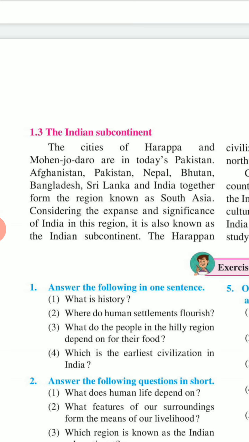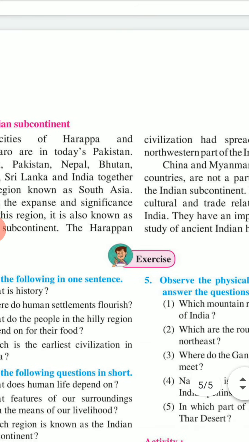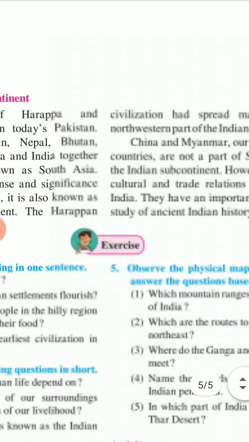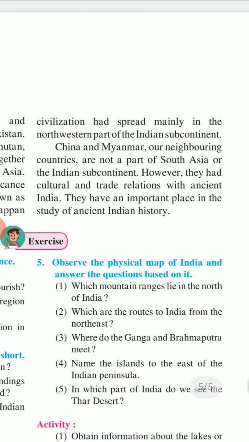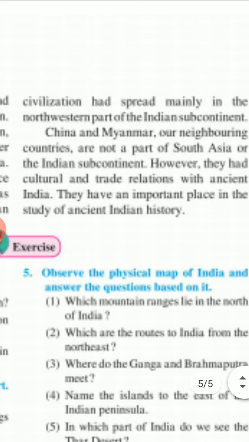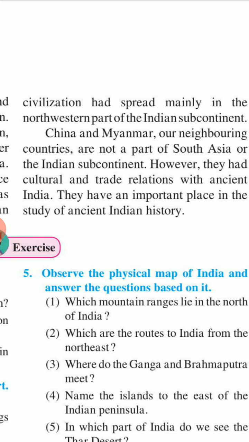Considering the expansion and significance of India in this region, it is also known as the Indian subcontinent. The Harappan civilization had spread mainly in the northwestern part of the Indian subcontinent.